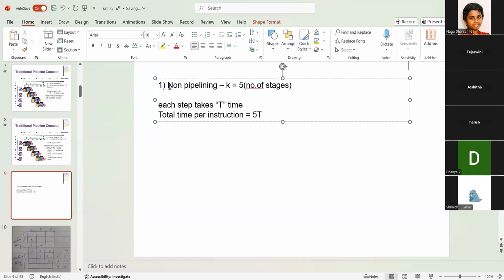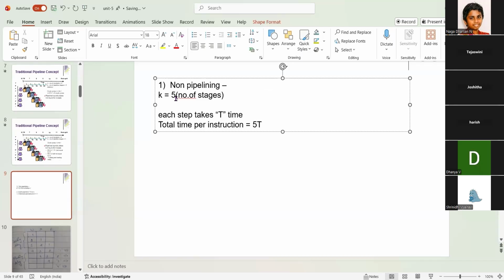That is the non-pipelining case with 5 stages. Earlier, in our example, we had 3 stages, so now let's take 3 itself. We had 3 stages, right? Let's say each step takes t time. So the total time taken is 3t. That is fine for now, right?